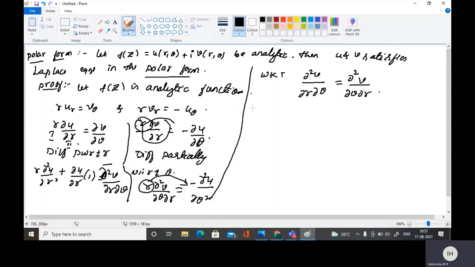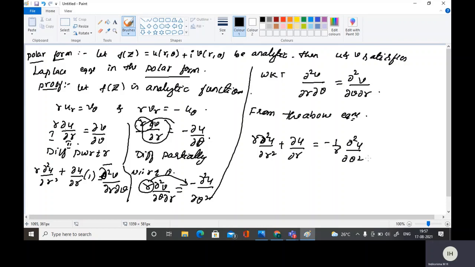Therefore, from the above equations, we obtain R into ∂²U/∂R² plus ∂U/∂R is equal to, cross multiply R here, minus 1 by R into ∂²U/∂θ².